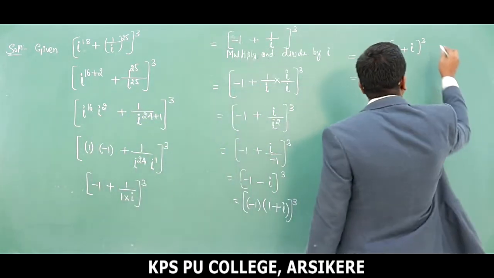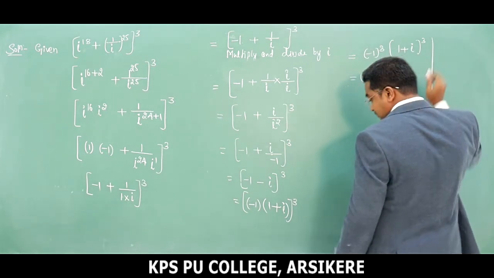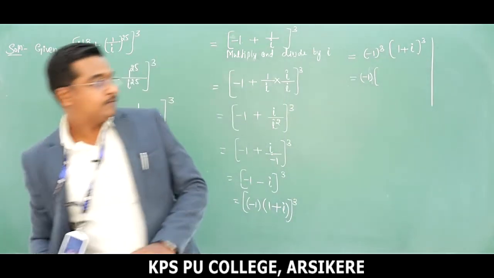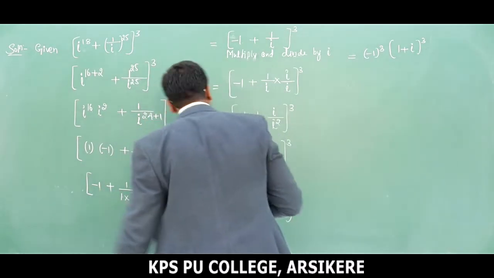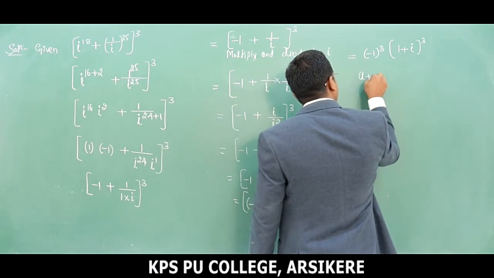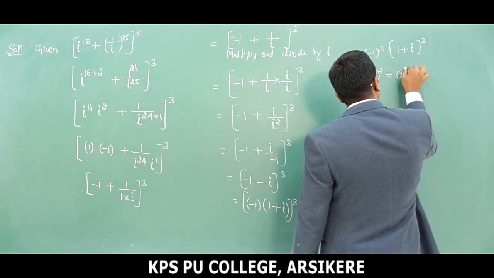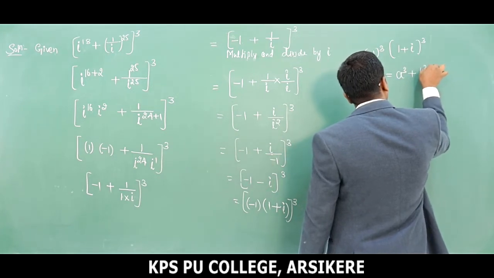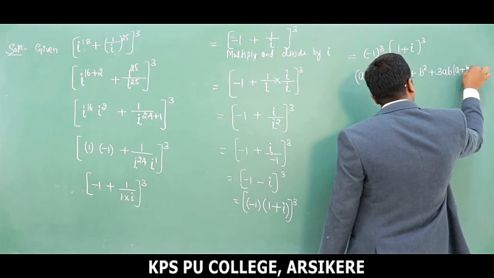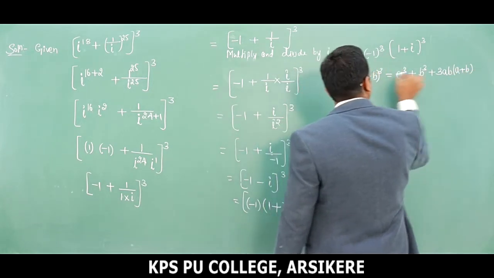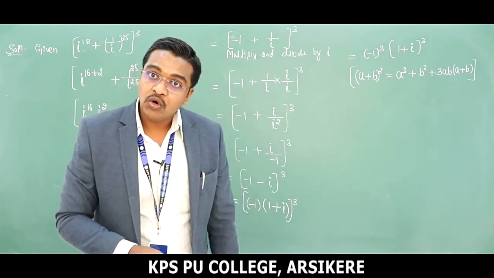I will write the formula here: a plus b whole cube can be expanded as a cube plus b cube plus 3ab into a plus b. This is the formula we are using for a plus b whole cube.